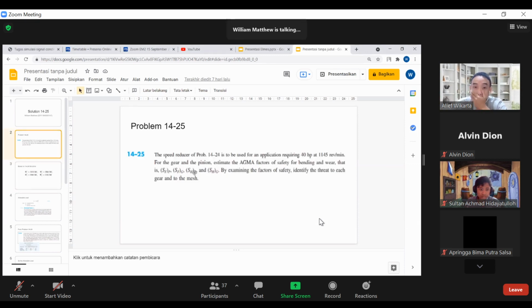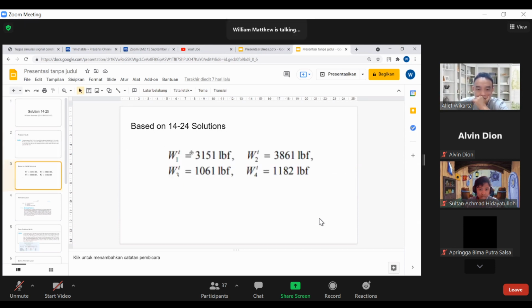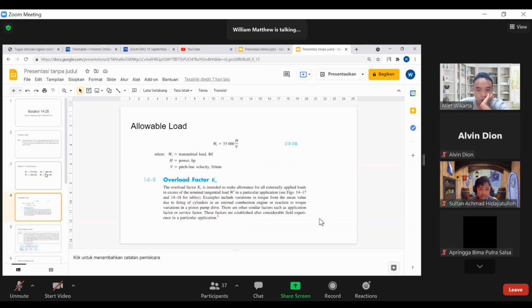Because this is from problem 1424, the transmitted load is already known from the previous calculation, so we can use it to find the safety factor.